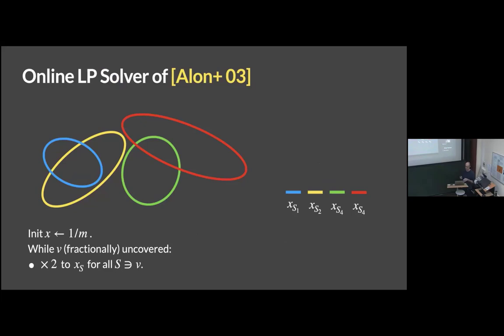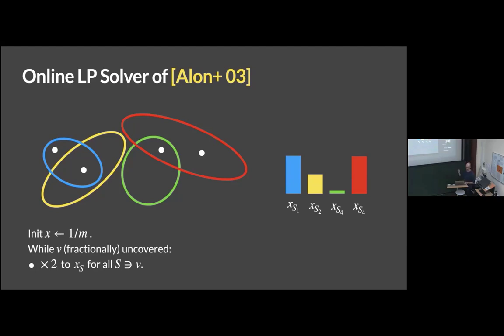You initialize the fractional value of the sets to something small, and then when an element v arrives, and while it's fractionally uncovered, you just repeatedly double the LP values of the sets covering it until we're feasible. Okay, so maybe this element arrives, and we'll start repeatedly doubling the values of the sets covering it until it's fractionally covered. Another element arrives, we need to do this again, and so on and so forth. So maybe this is the way this works.